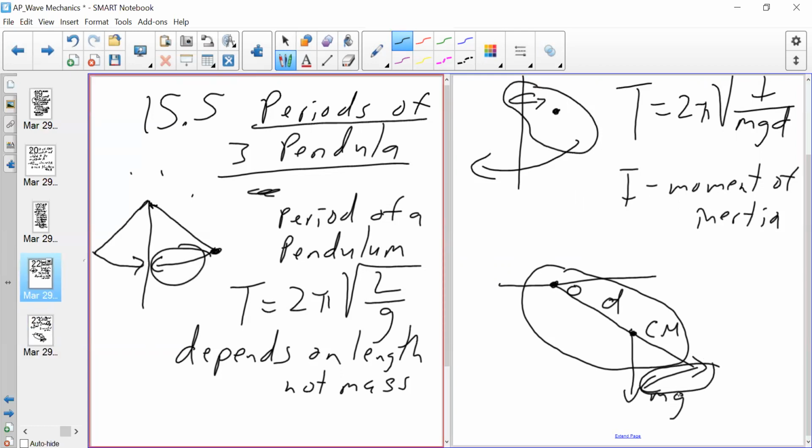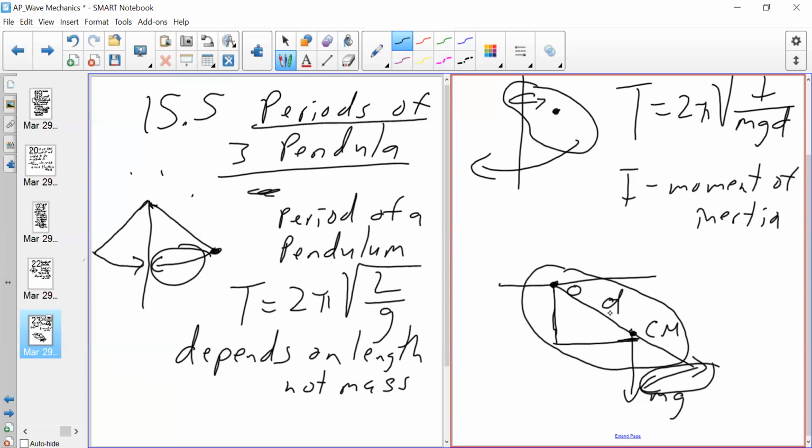And since it's d with respect to this pivot point and angle theta, this has got to be d cos theta and d sine theta, right? So d sine theta, for all of your dissection purposes. But anyway, this is what it looks like.